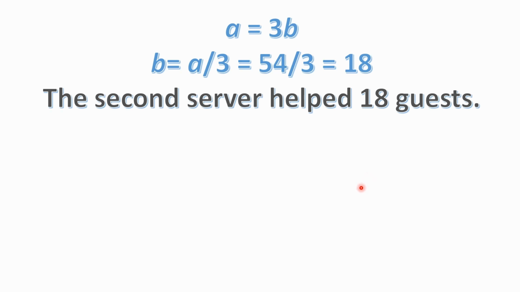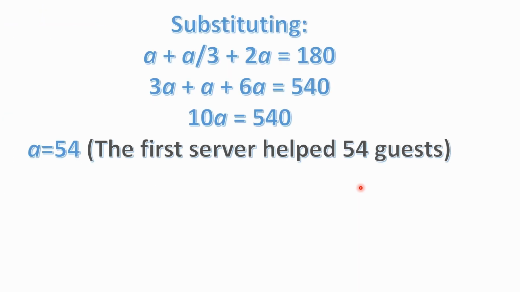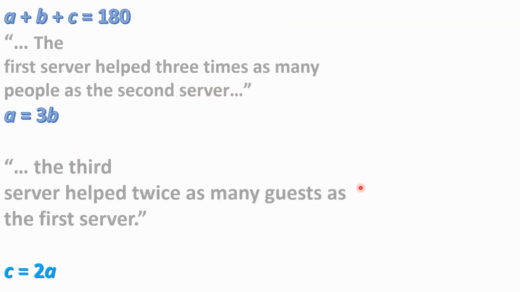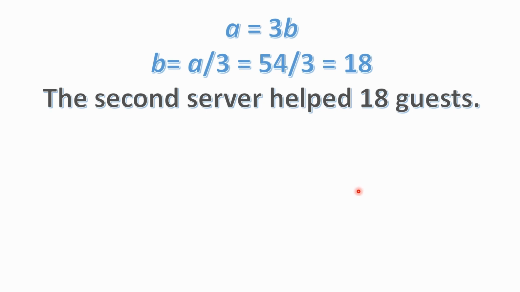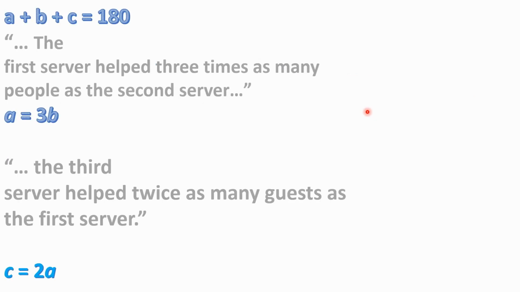Now, so far, does that make sense? We said the first server served 54, and the second server served 18. Well, 18 times 3 is 54, so our first server served three times as many guests as our second server. So far, that seems good. Now we have to look at the third server again.